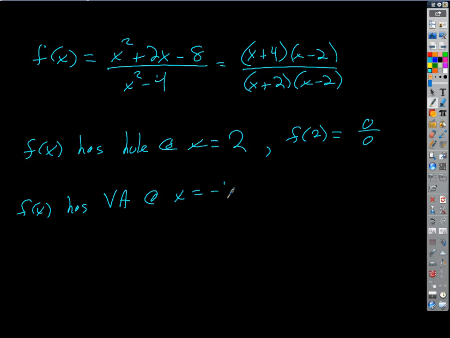At negative 2, because f of negative 2 equals a number, what do we get? Doesn't even really matter, but we get 2 times negative 4, so negative 8 over 0, right? So we know it's a vertical asymptote.